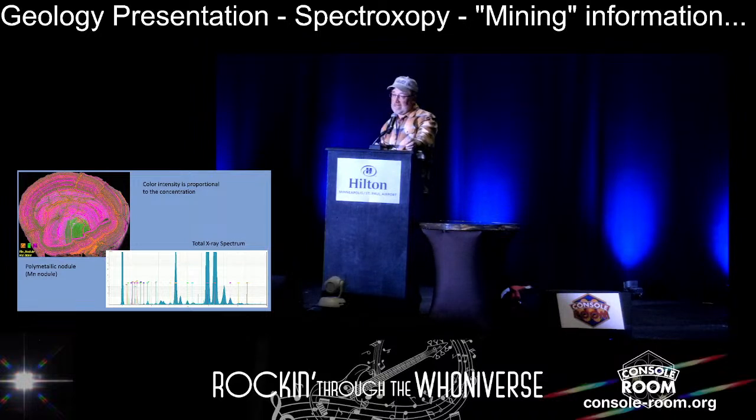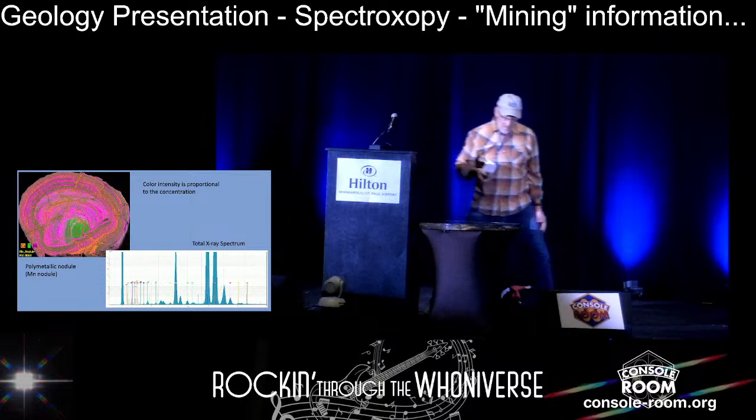The layering that you see is quite interesting. In fact, this one has a green core. In essence, it broke off a pre-existing one and then started the process over again. That was completely unexpected. The spectrum in it, I don't think you can see it very well.